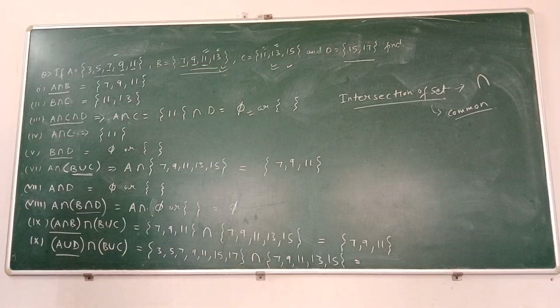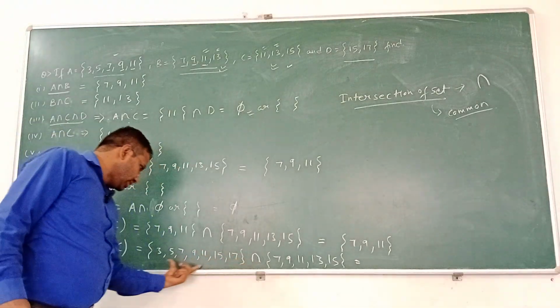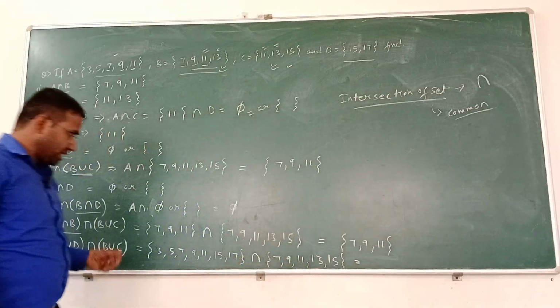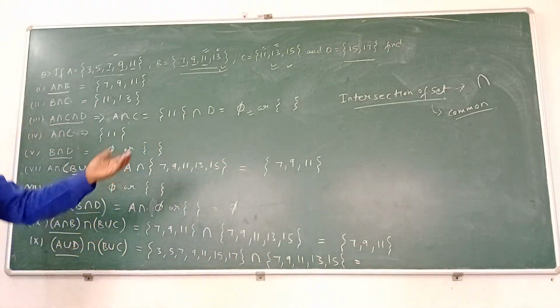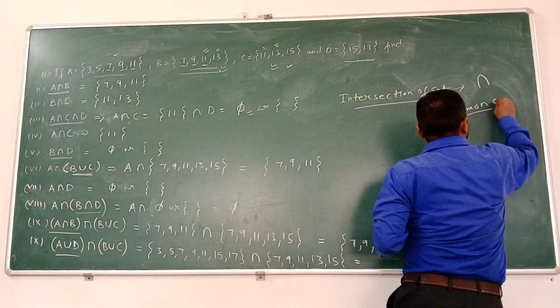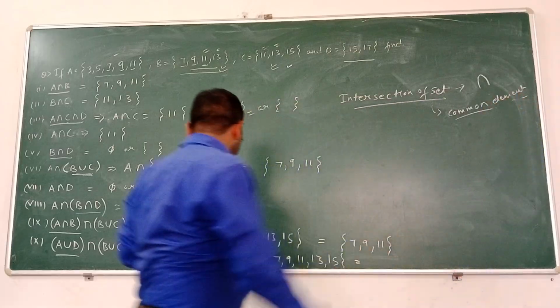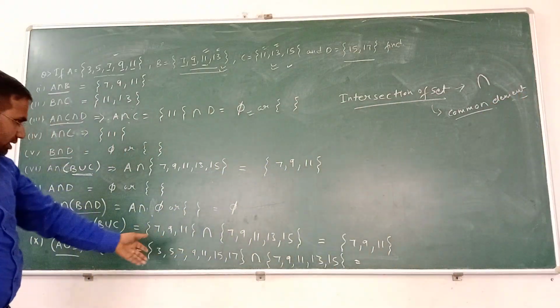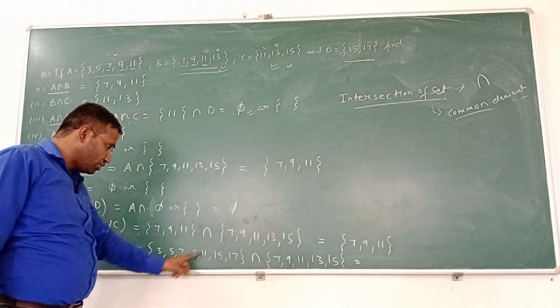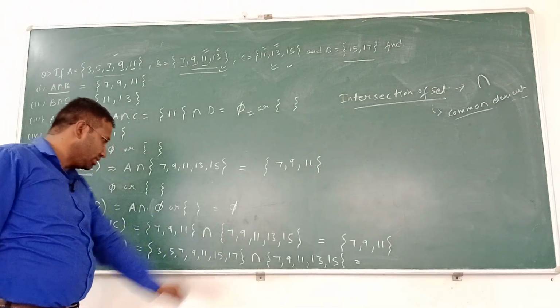Okay. Now you have to write the intersection of this set and this set. Intersection means again you have to see the common elements. So see which one is common. 7 is common, 9 is common, 11 is common, 15 is common.